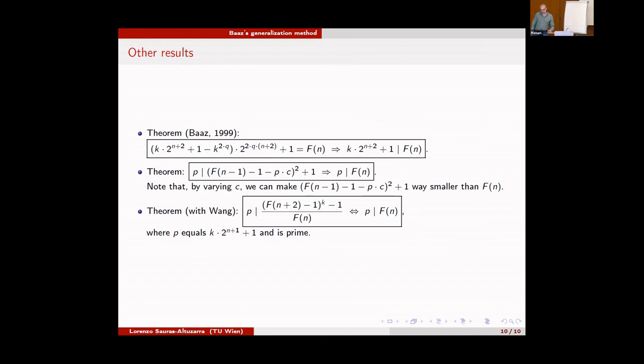And I think that here in the last line, I should have written n plus 2 instead of n plus 1.